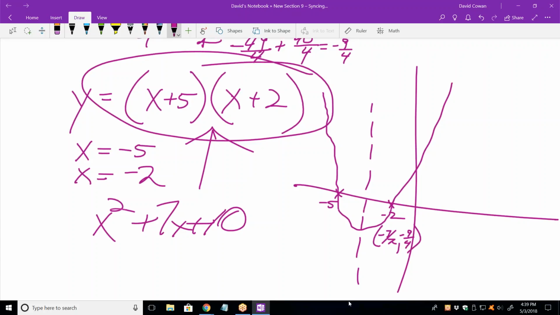And when they give it to you in the X-Intercept Format, it's actually a little superior because immediately you know your X-intercepts, and figuring out the X-coordinate of the vertex is really easy. It's just halfway between those two numbers. So you add those two numbers, divide by 2, you get -7/2. And then to find the y-coordinate, just substitute -7/2 in for the x. Do the multiplication, you'll get -9/4.